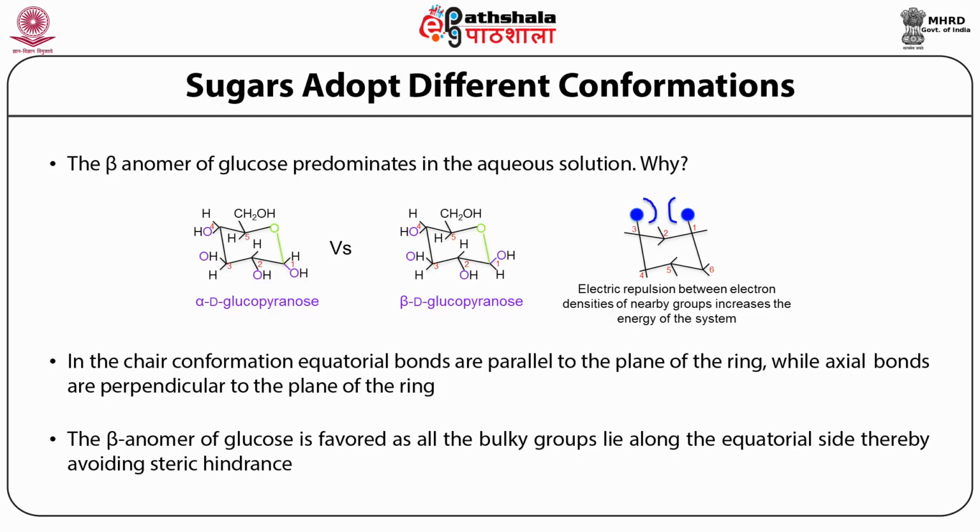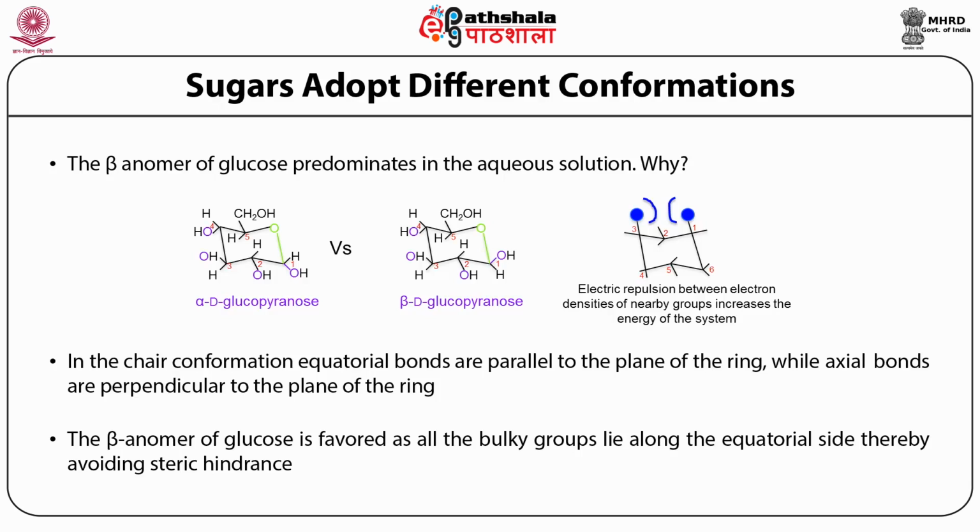Both these round groups point in the axial position. Because they point in the axial position and they're bulky, they will bump into each other as their electron densities repel each other.